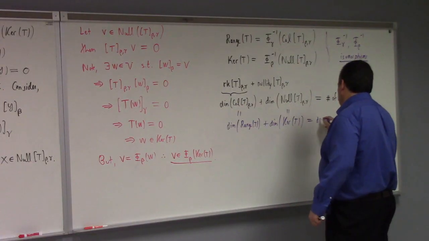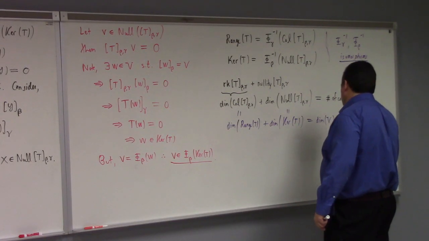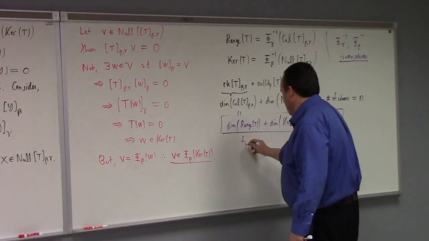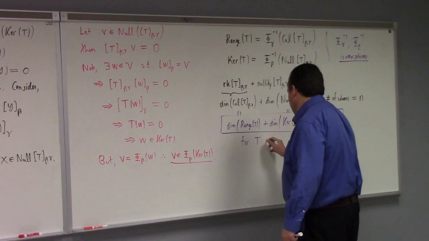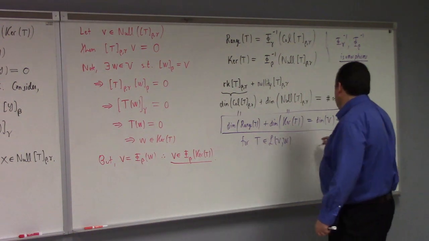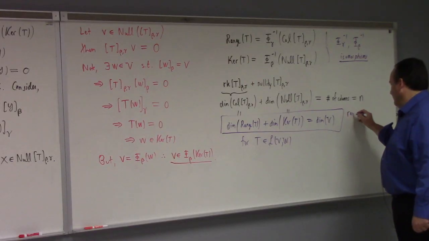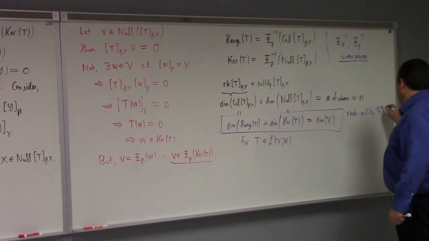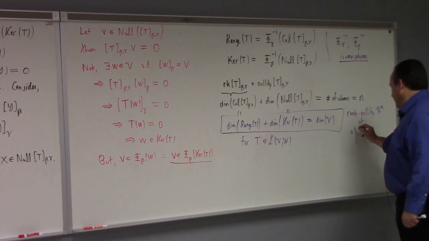And that's equal to the dimension of V. And this right here, for T a linear transformation from V to W, this is the rank nullity theorem of abstract linear algebra.